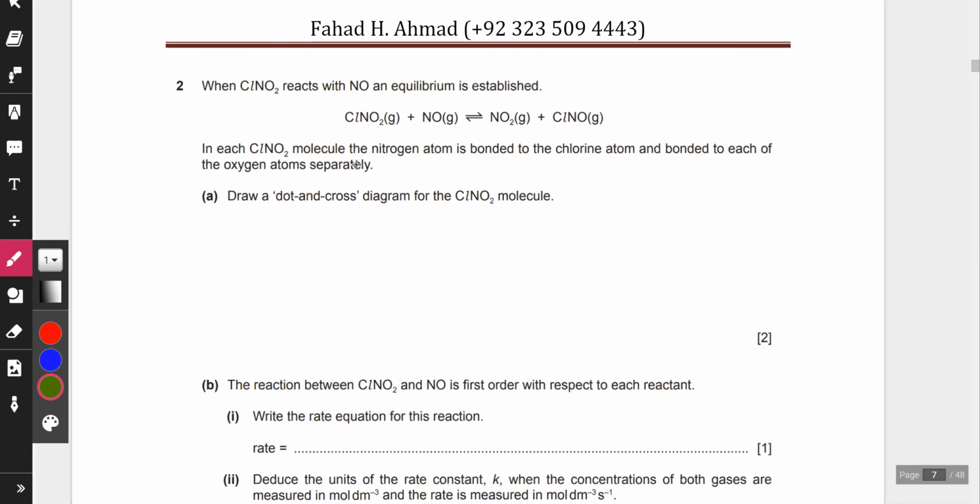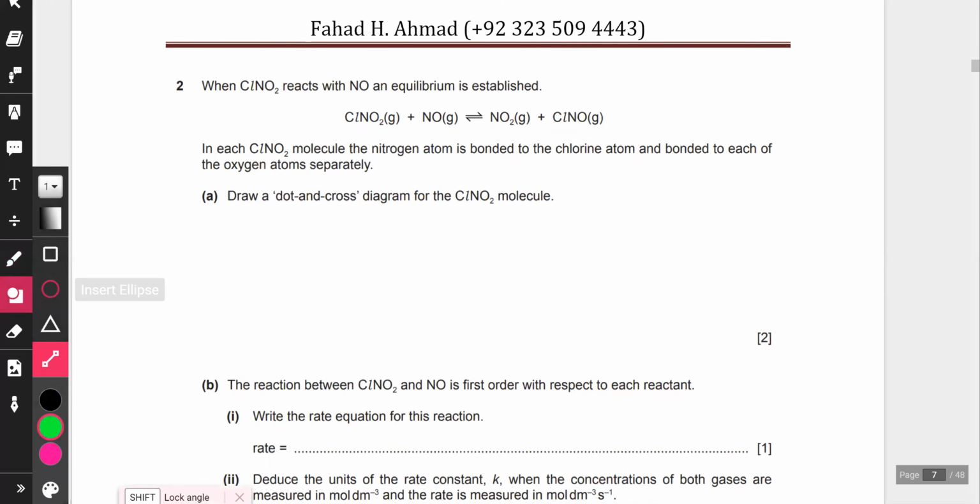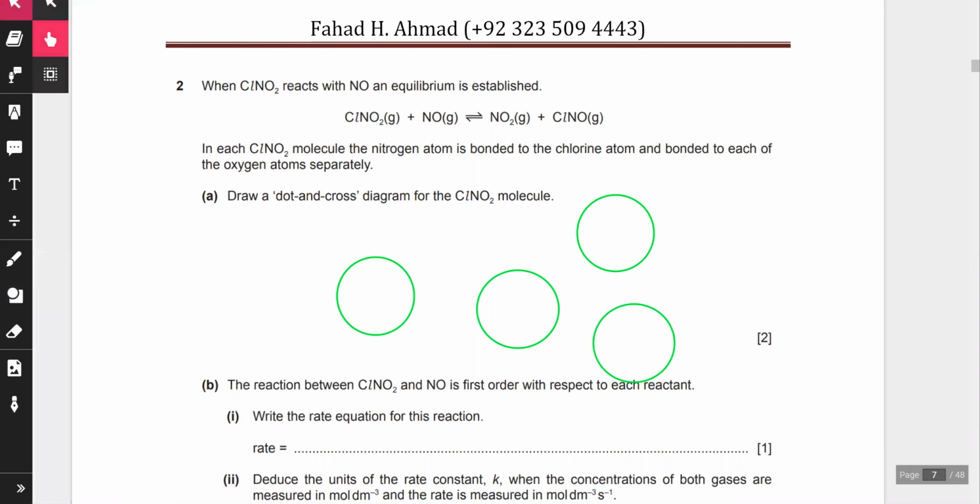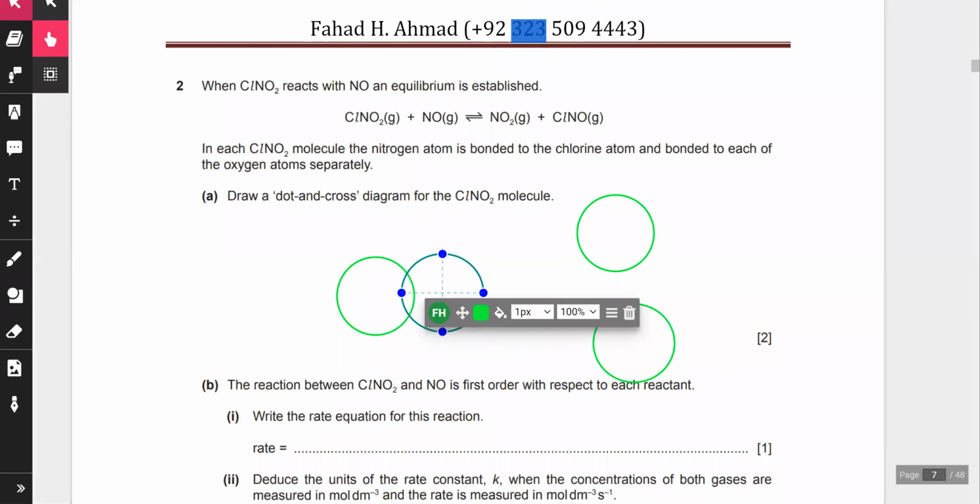As each of the oxygen atoms is bonded separately, we can make the dot and cross diagram. One second. So this is the nitrogen in the middle. I'm just drawing this.